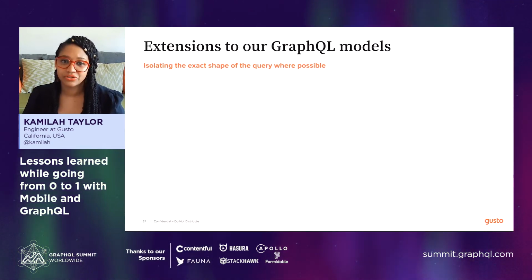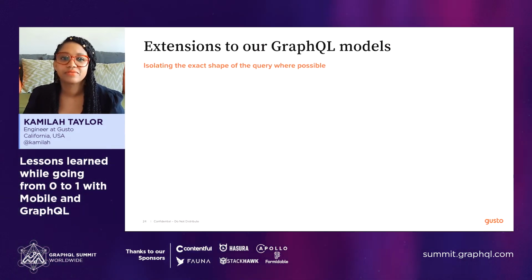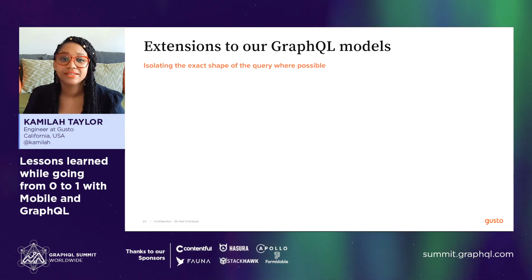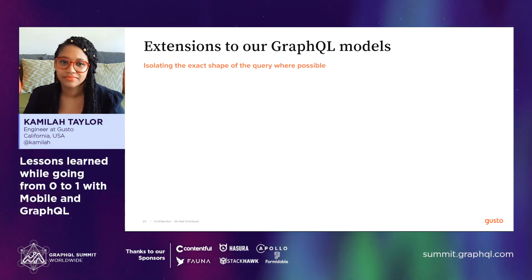Our next approach, adding extensions to our GraphQL models, grew from the following situation. GraphQL generated models end up with deeply nested types that reveal the exact shape of the query each time we need to interact with the model.